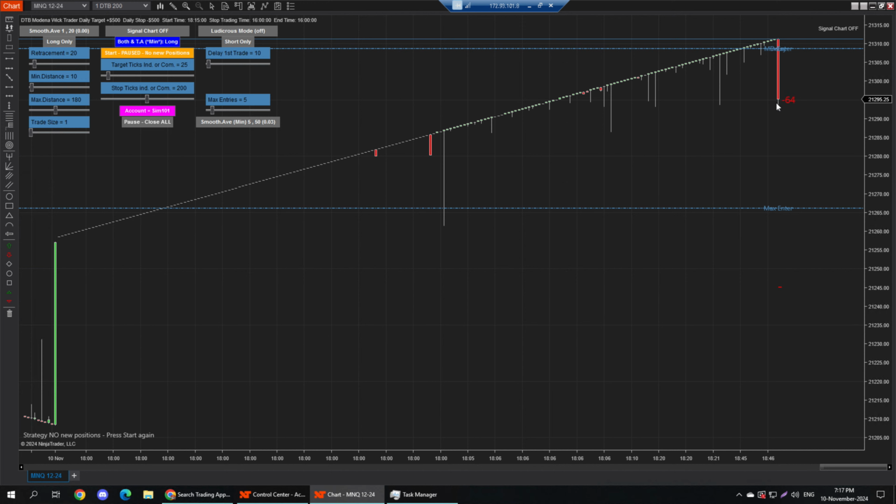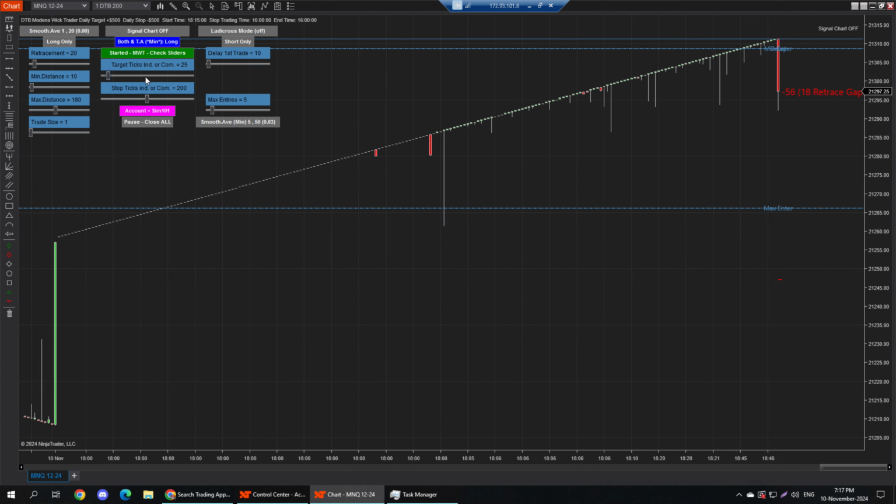So all that means is that the strategy won't enter any more positions, but any existing positions will either hit their stops or their targets. And it'll give you confirmation at the bottom of the screen too, saying strategy, no new positions, press start again. So as soon as you're ready to start again, you can press the start button and it will start trading as usual. You can adjust the target ticks and stop ticks in real time also.